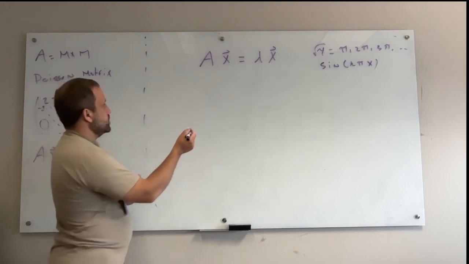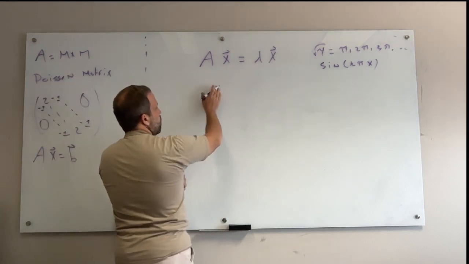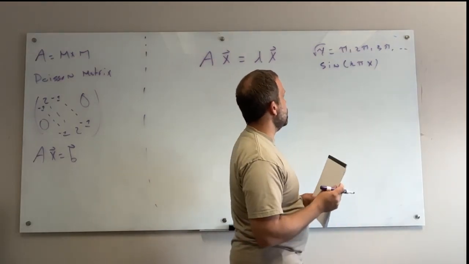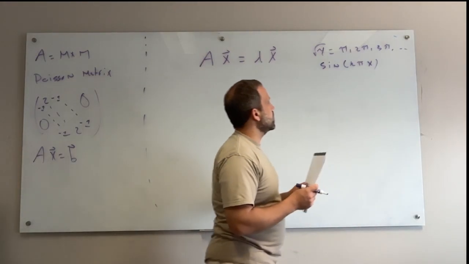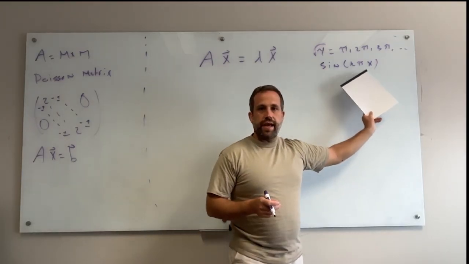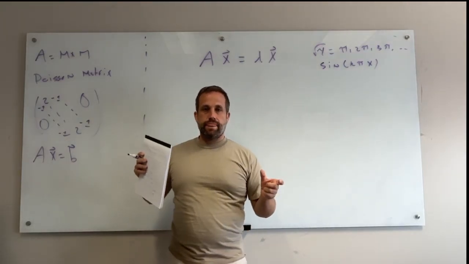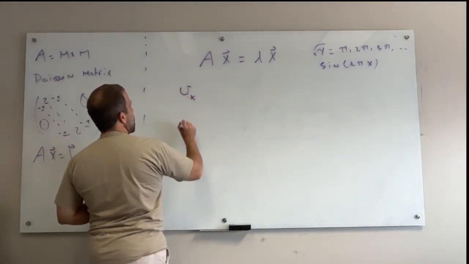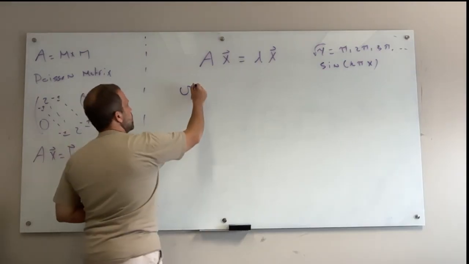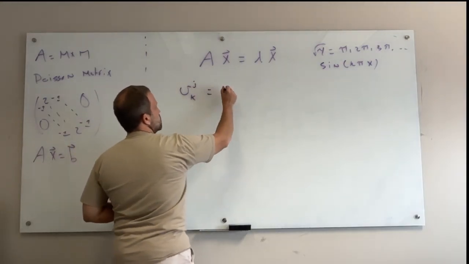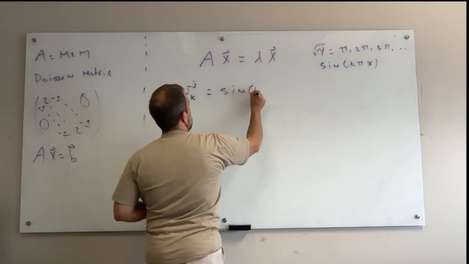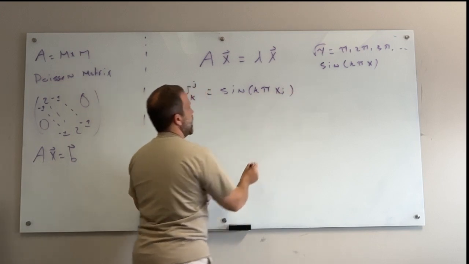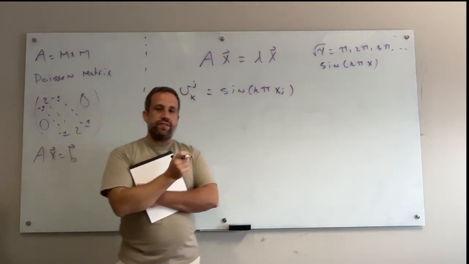So maybe we're going to have a different eigenvector for every value of k, where x is going to be the point in the grid. We're going to have k eigenvectors, k equals 1 to m, and the jth entry of this is going to be sine of k pi xj, where xj is the jth point.